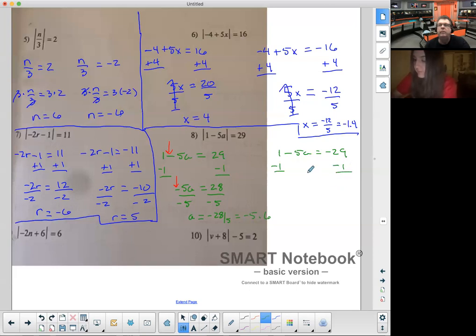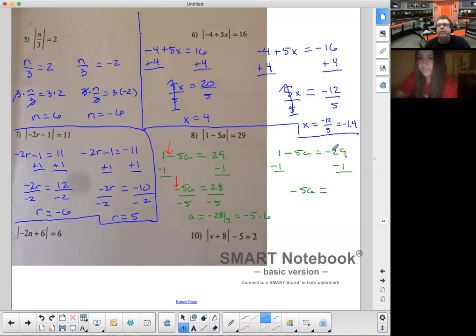Perfect. Negative 5a equals negative 29. Okay, so don't forget in front of the 5a there's the negative, right? Negative 5a equals negative 29. Okay, but it's 28.